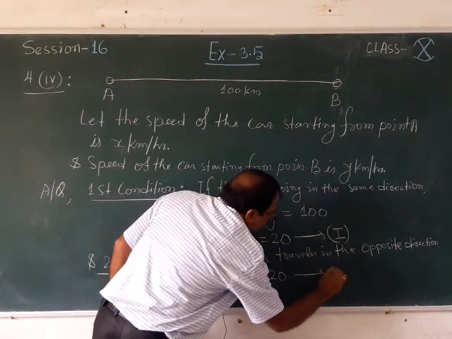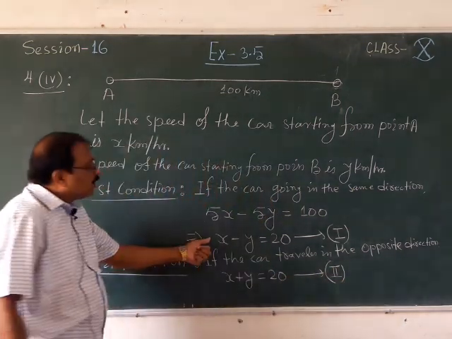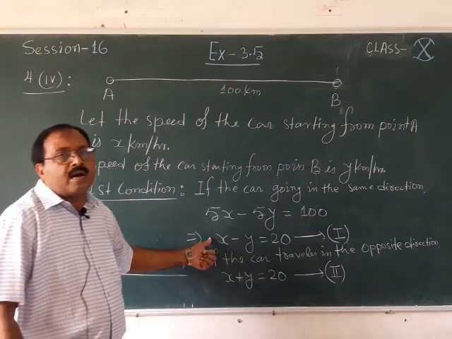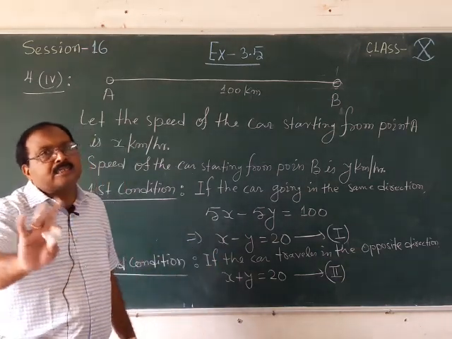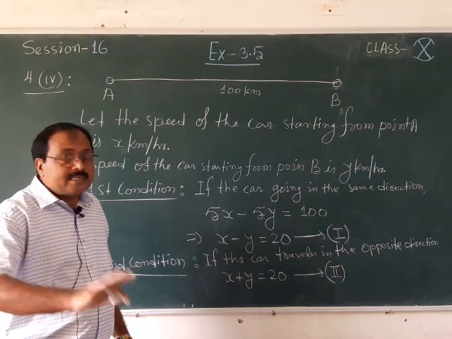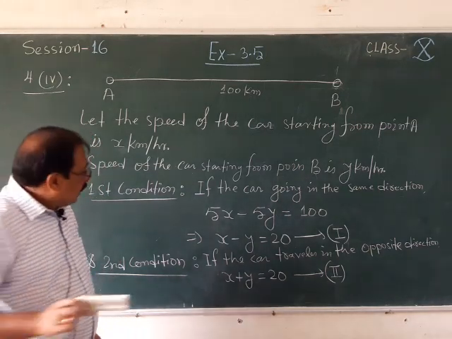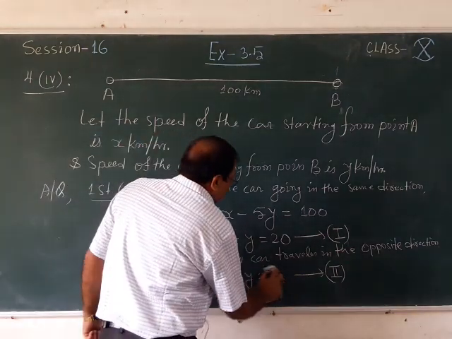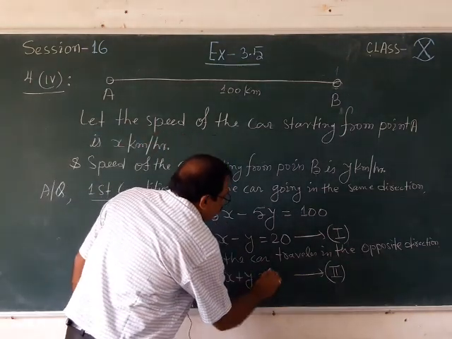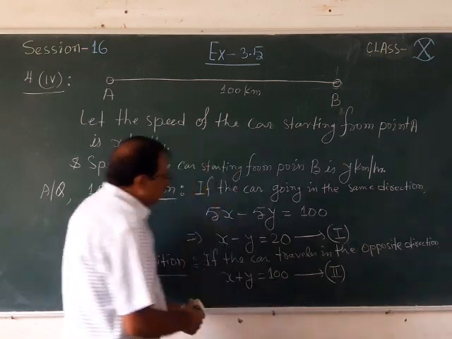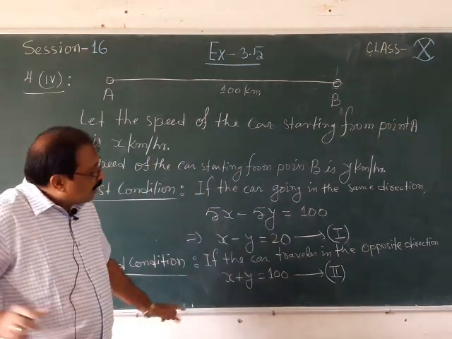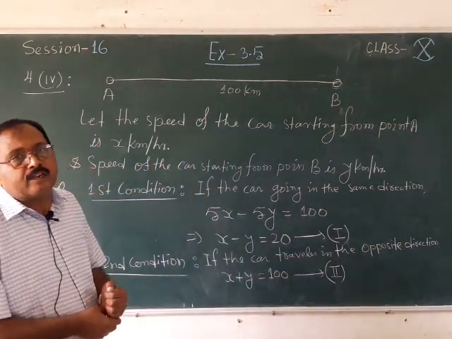Here we can make the second equation by looking at this, because the speeds of the cars are the same, there is no change in the speeds. So here x plus y will be 100 kilometers. That means this time also they are covering the same distance of 100 kilometers.